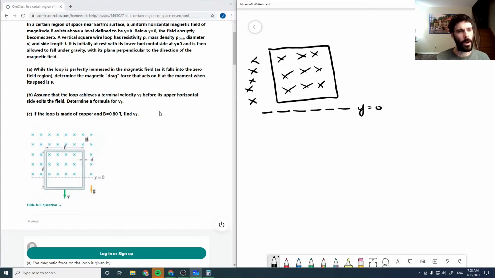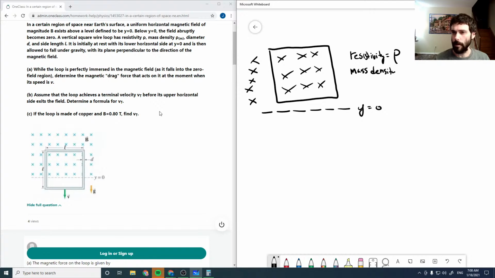Now the wire loop is a square wire loop with resistivity rho, mass density.